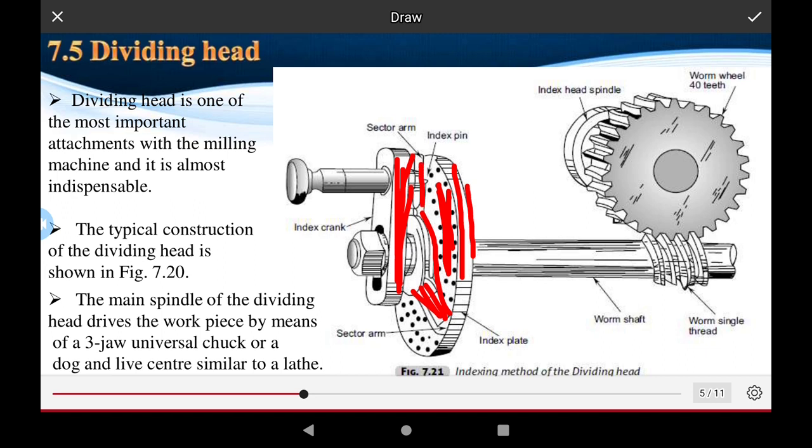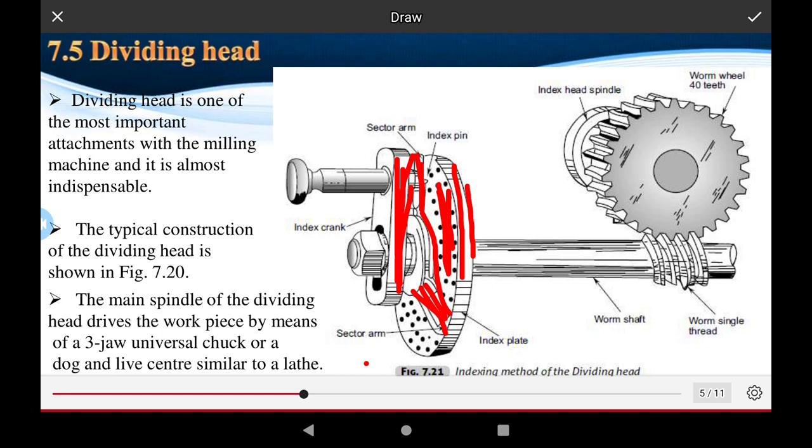This is the indexing sector arm. The sector arm consists of the indexing plate, and the indexing plate is a heavy plate, a typical attachment with the milling machine, and is almost indispensable, okay.